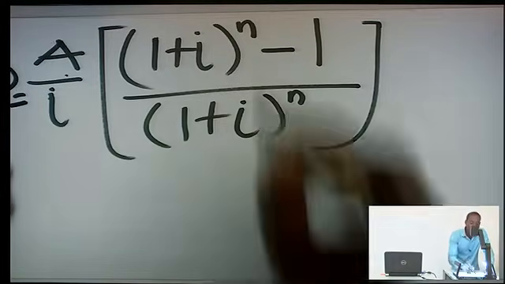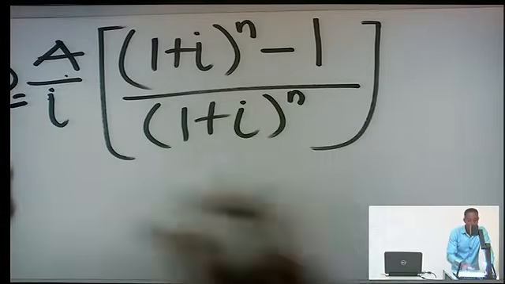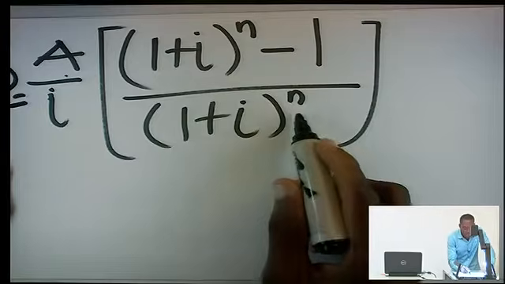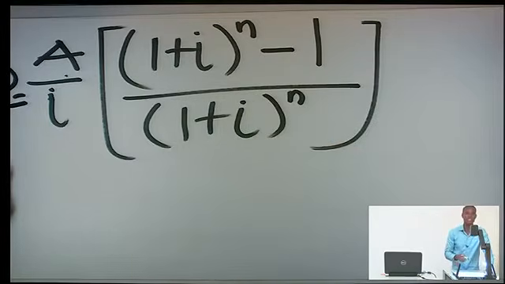And then N, because this is supposed to be a shortcut that should evaluate the entire period, our N is going to be the entire number of periods. So supposing this has been going on for 10 years or 20 years or 100 years, N will be the total number of years.